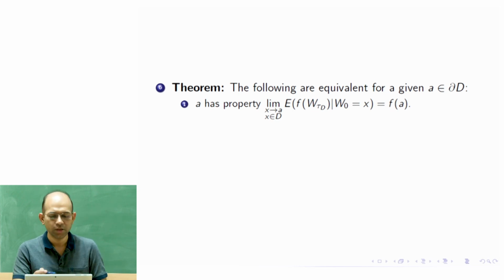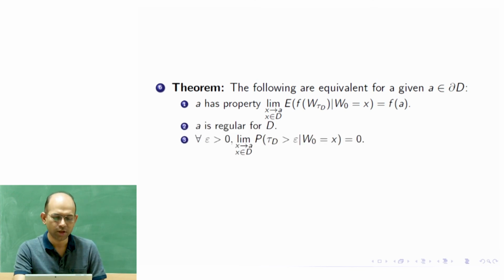This part looks like the solution of the Dirichlet problem, and this condition says that the solution is continuous on the closure of the domain, and unless the solution is continuous on the closure of the domain, we do not call that a solution. And this is equivalent to saying that A is a regular point for D.